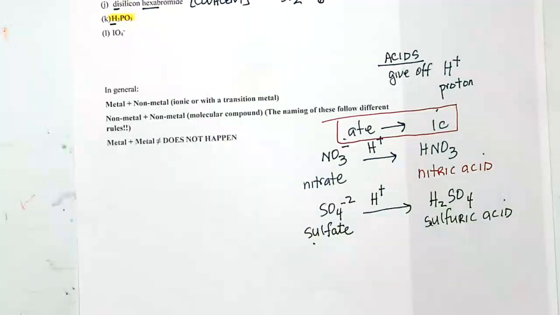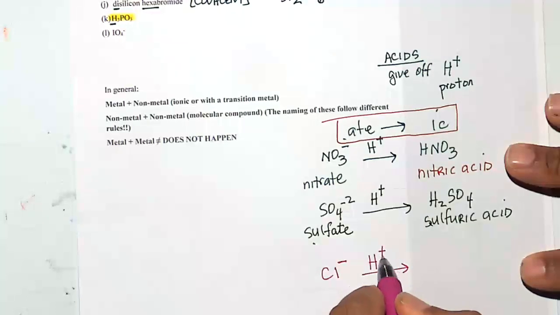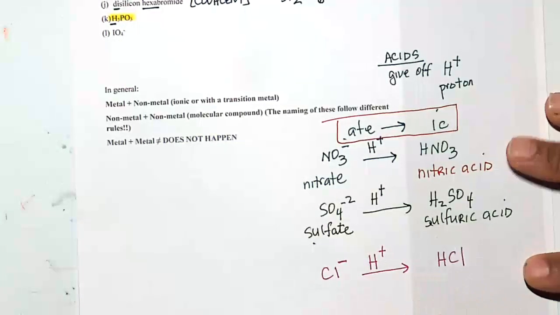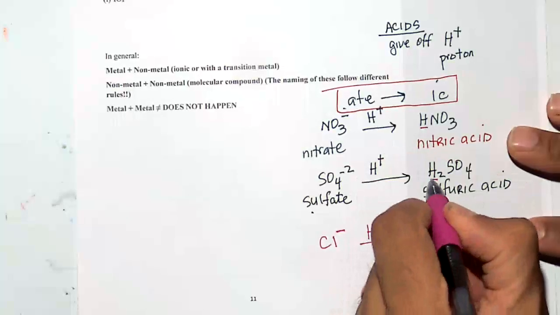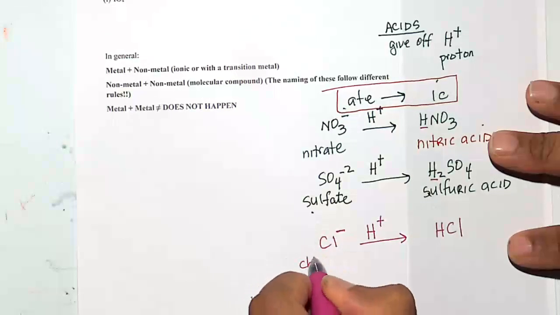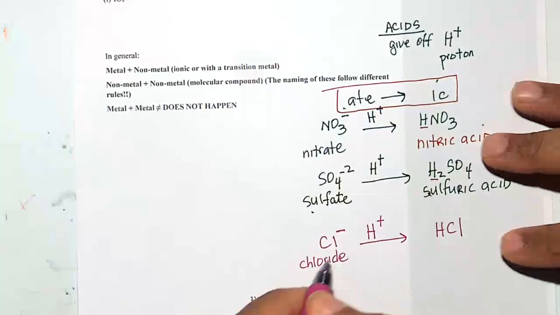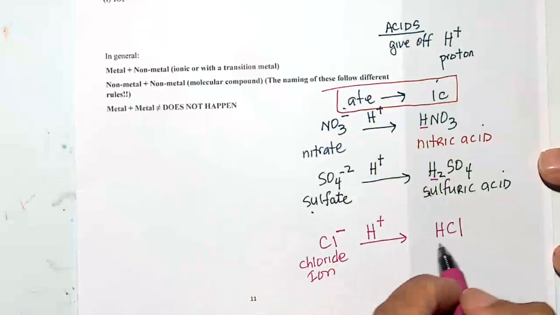Speaking of our gut, which has a lot of H plus in it, the acid that's in our gut is HCl. So if I take chloride and I acidify it, I get HCl. Okay? The H's are in the front. They come off. This is chloride ion, sulfate ion, nitrate ion.